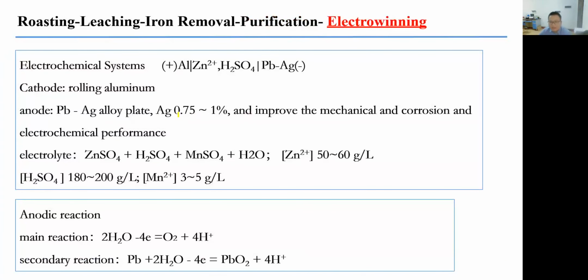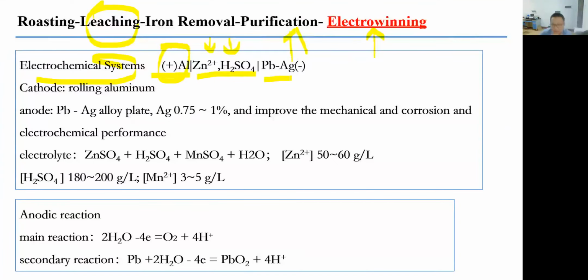In the last step, when the neutral leaching solution is purified and all the impurity elements meet the limitations or requirements, the solution can be used as electrolyte. In this electrolyte chemical system, the cathode is aluminum, and the solution is zinc sulfate and sulfuric acid.